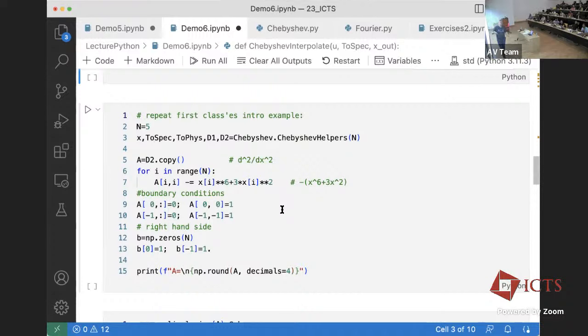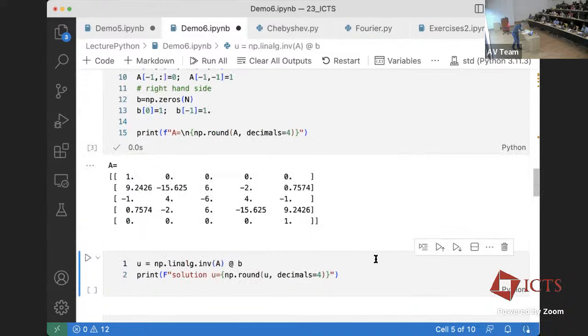So let me start with a vector of all zeros and put 0 and 1s into the first and the last numbers. And at that point, we have everything set up to do the matrix inversion. But before we do this, let's just print the matrix A and see whether it takes the right form.